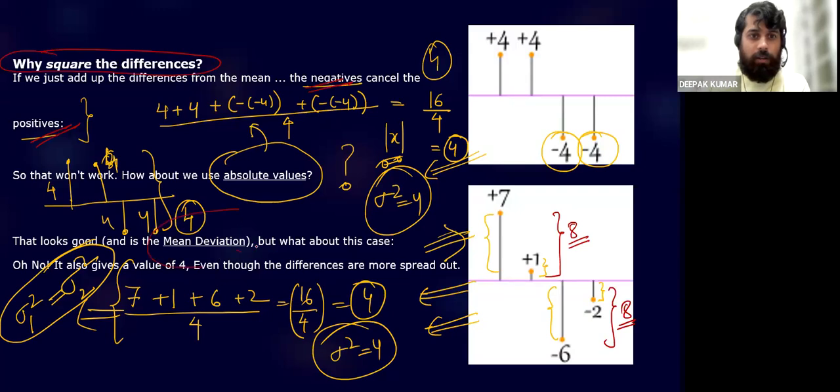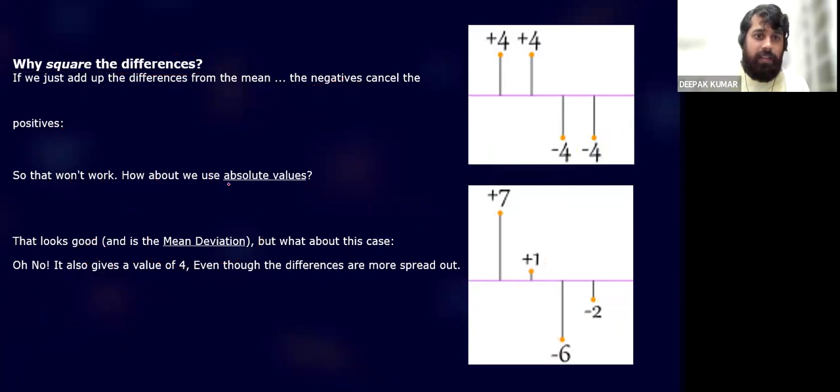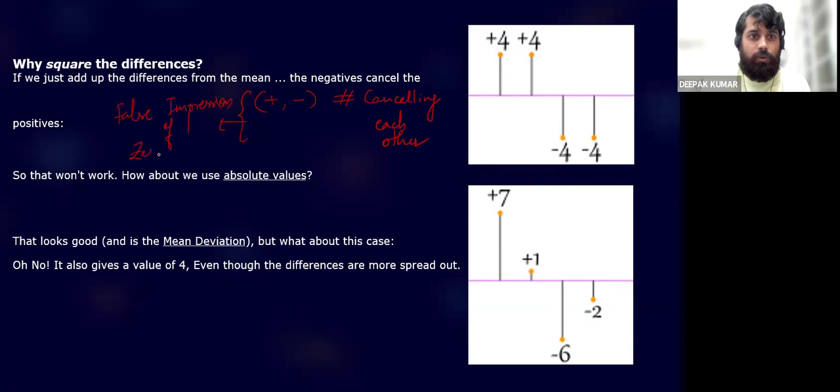The answer to this is the positives and negatives were cancelling each other and creating a false impression of zero variance.